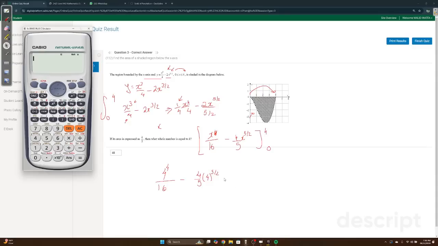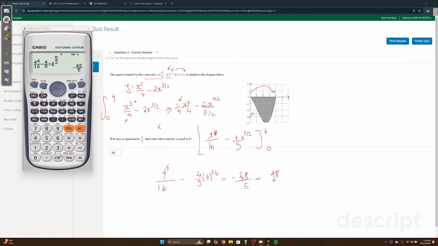If you have this in the written part, please write minus 0 to make sure you get the full mark. Oh, 4 to the power 4 over 16 minus 4 over 5, 4 to the power of 5 over 2. You get minus 48 over 5. Remember, if you see a negative answer, please don't panic, okay?